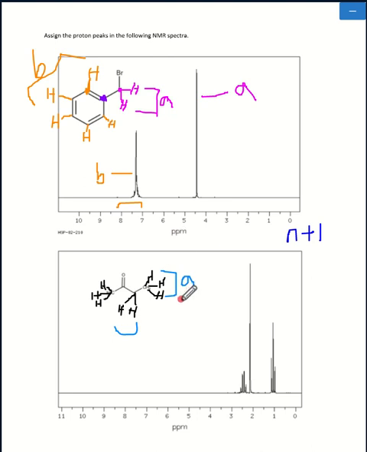The signal from these 3 hydrogen would get split 3 times and would essentially form a triplet.